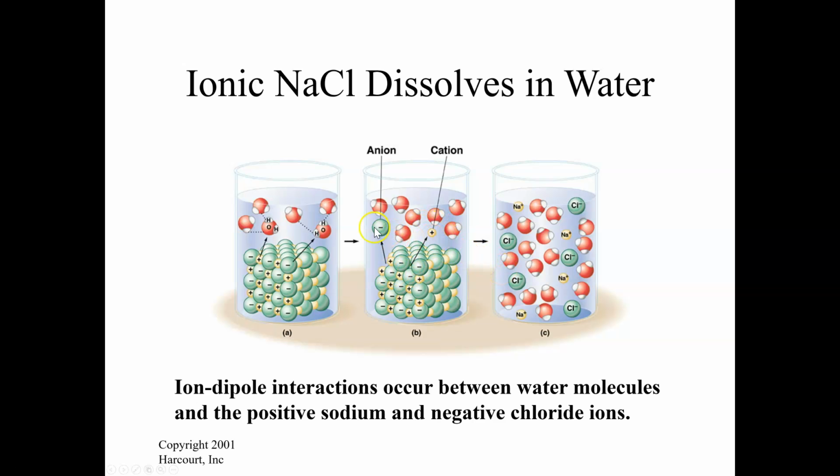So we have anion and cation. And after a time, entropy will take over, and this whole crystal of sodium chloride is going to break into pieces and be dissociated and surrounded by water molecules. So that's called dissociation, when you have an ionic compound and it's put into water, it dissociates into pieces. Okay.